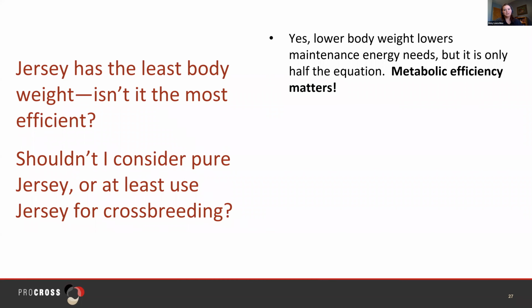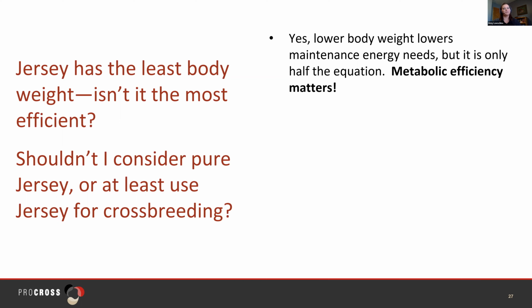But we have to consider too the metabolic efficiency. And by metabolic efficiency, I mean when that cow eats her meal, how is she going to digest the fiber, the starch, the energy within that diet? And does she use those components to make milk and to keep herself healthy and fertile? And that's the part that's really a black hole within our research these days.